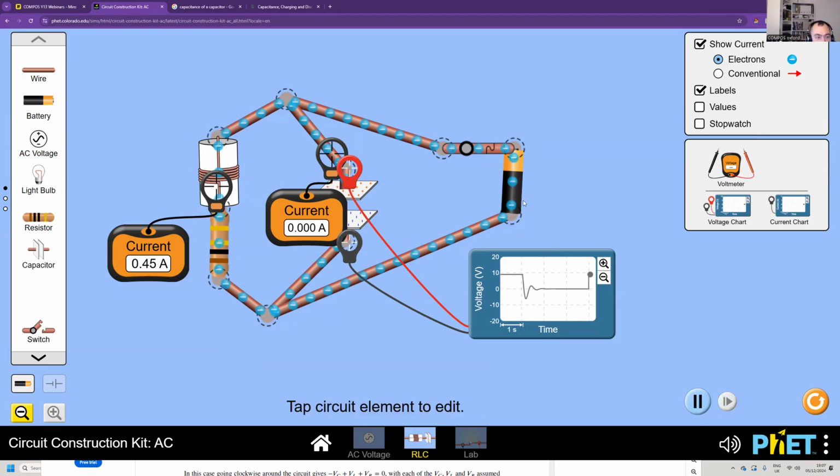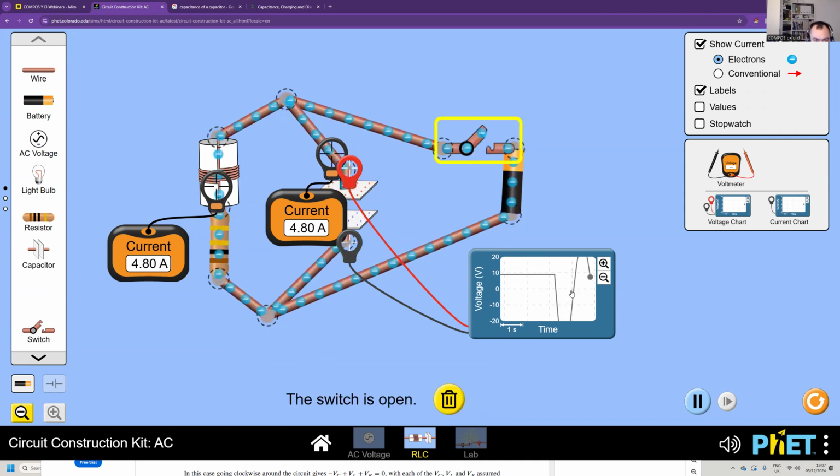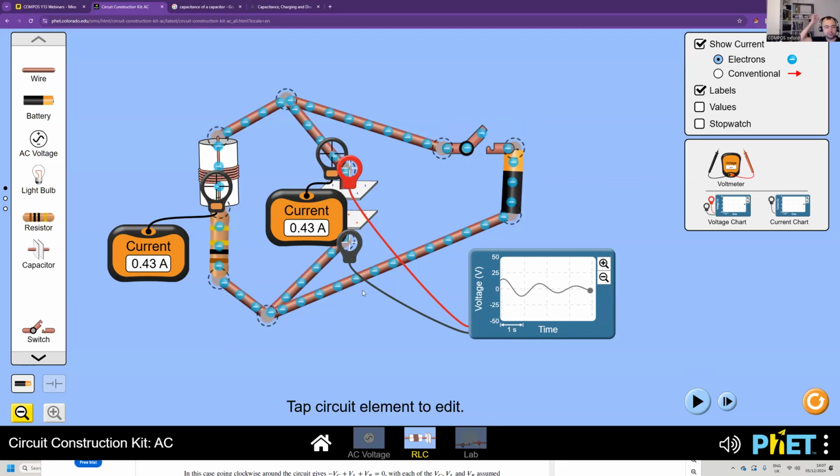So let's see. When I disconnect the circuit, so I let the current build up, you can see that the voltage actually goes well above EMF, which is quite cool. That means all the energy from the inductor goes into the capacitor, so it charges the capacitor even more, and then goes back. All right.